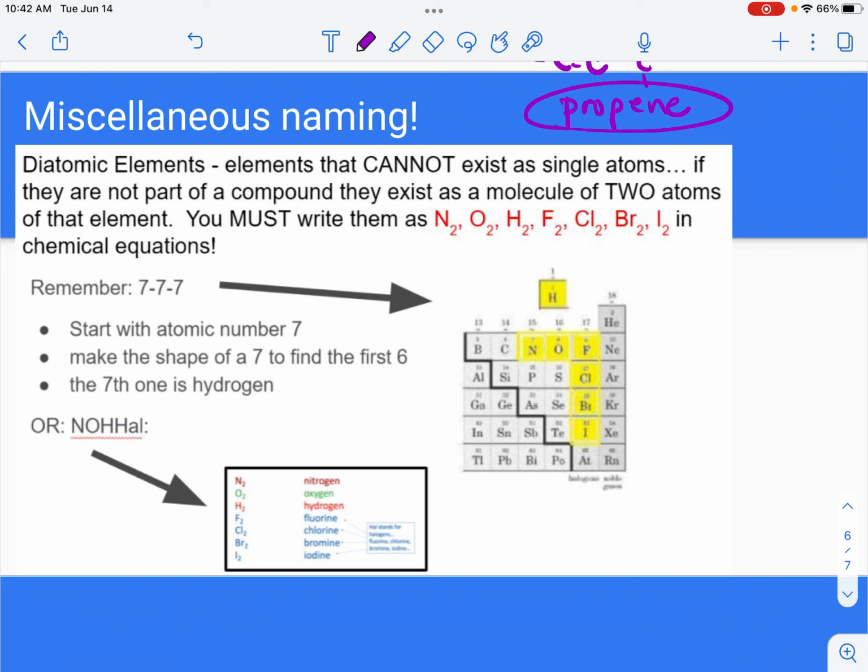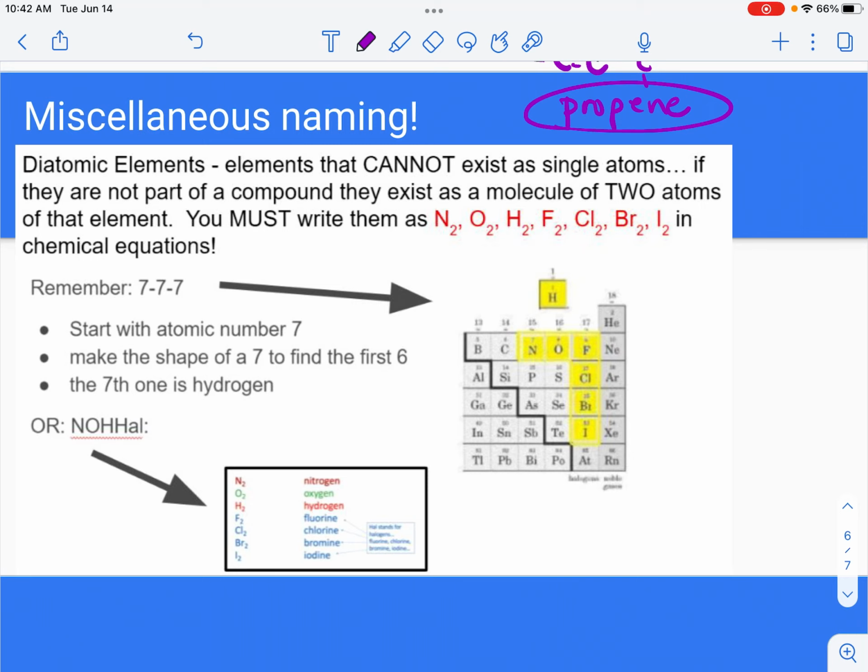There's a few others that I put on the list that you should memorize, but these diatomics we use all the time. So you definitely need to make sure that you are aware of this. If they're in a compound, they don't have to be diatomic, but you definitely need to know that if they are as elements, they should be.